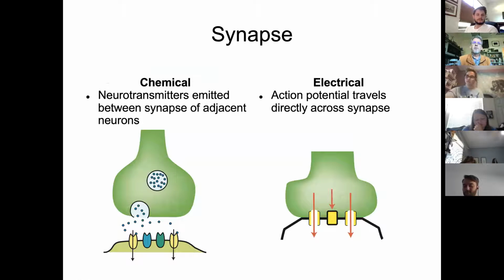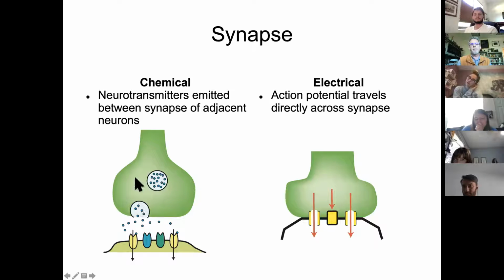So we talked about the synapses. And we have two main ways of doing it. We have electrical synapses, where the electrical signal, the action potential, just moves directly across what are called gap junctions, just little holes within the cell membranes that allow for that membrane differential to just continue from one cell to another.